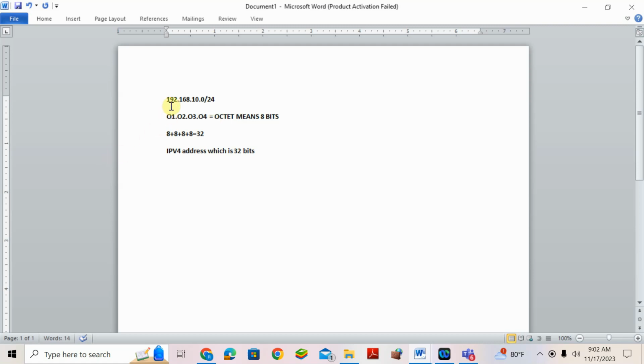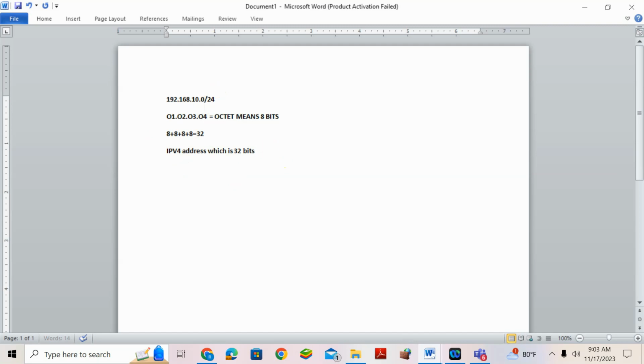How 32? Because this one is 8 bits, this is 8 bits, this is 8 bits, this is 8 bits. We usually convert this, which is actually decimal, into binary numbers; 192 will be converted to binary like that. So there are 32 bits, and we call the IPv4 address 32 bits.